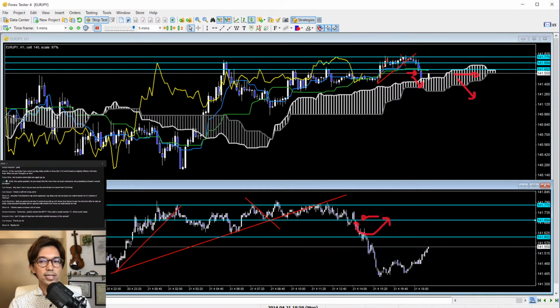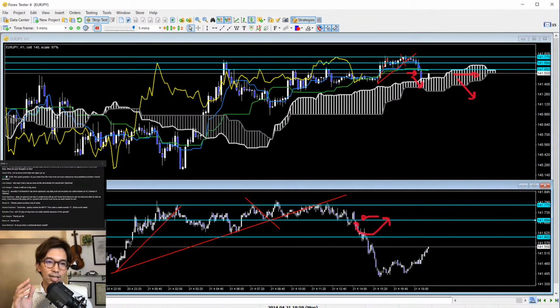But one thing that is very good about Ichimoku, and the reason I prefer Ichimoku over moving average, is that it doesn't repaint. Ichimoku lines take the highest price and lowest price, right? It doesn't take the close price, but instead the highest and lowest price for a certain number of candles in the past.